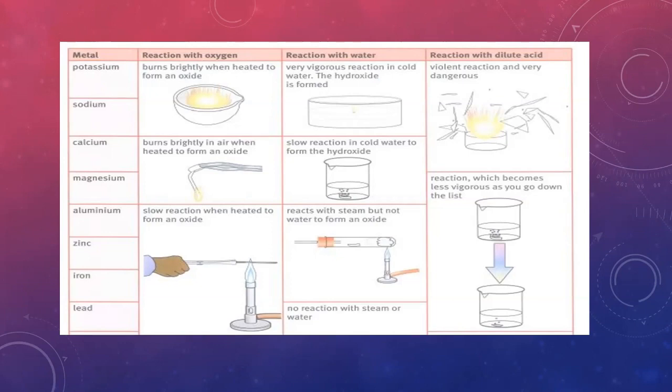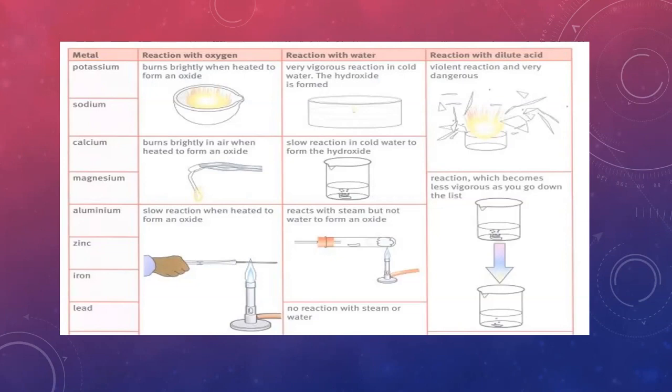When the aluminium, zinc, iron and lead react with water, they don't react with cold water, but they react with steam to form metal hydroxide. You understand that?